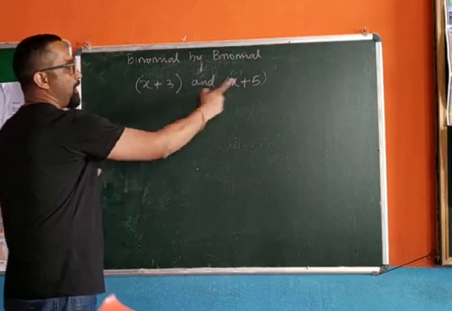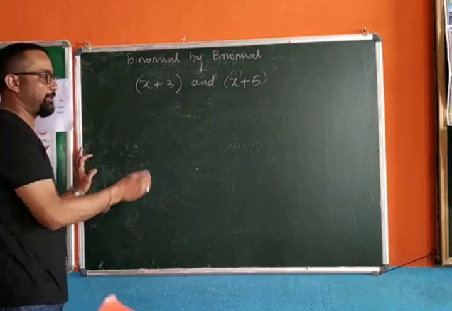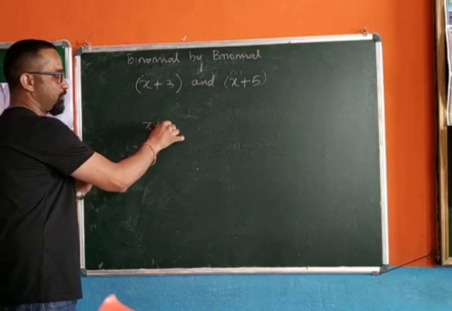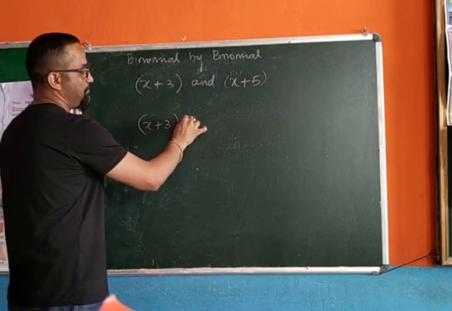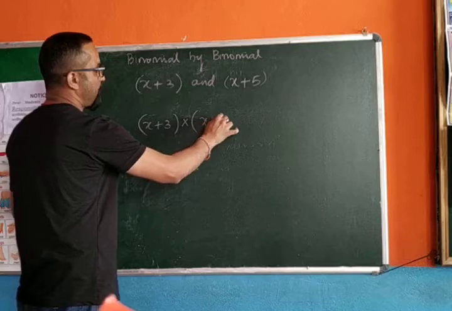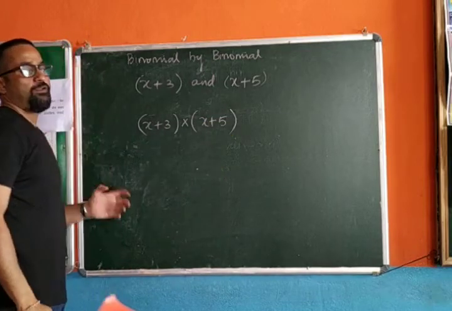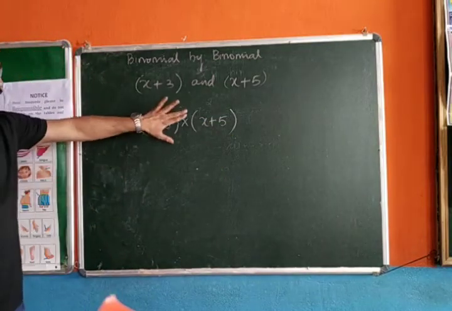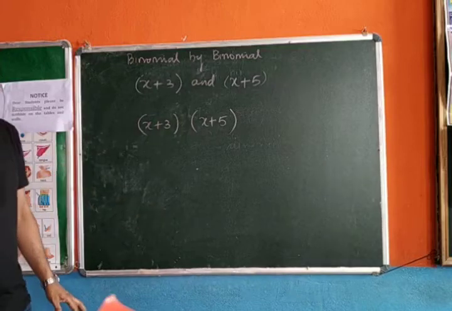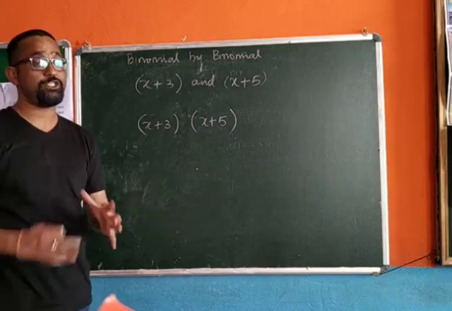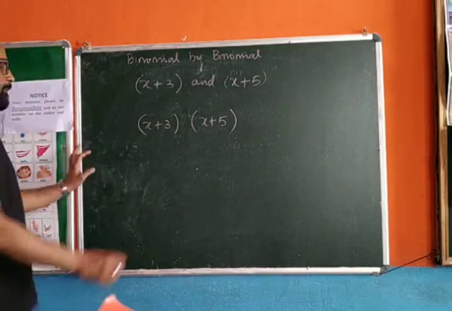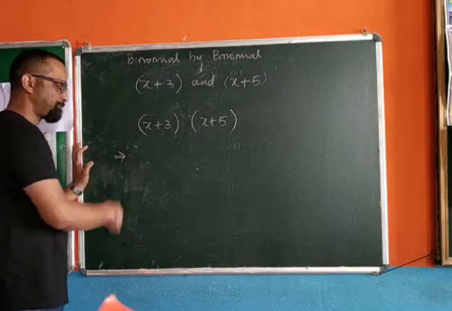You can copy any term in the beginning. X plus 3 multiplication x plus 5. And once you write these two, you do not write multiplication inside because bracket itself tells you they are multiplying. Look at this one.